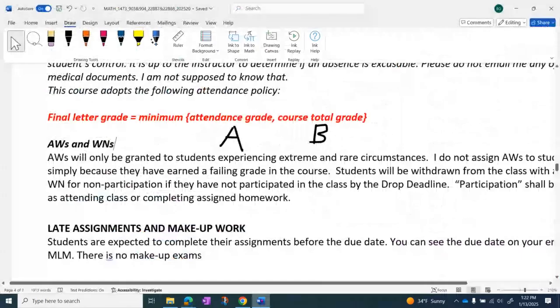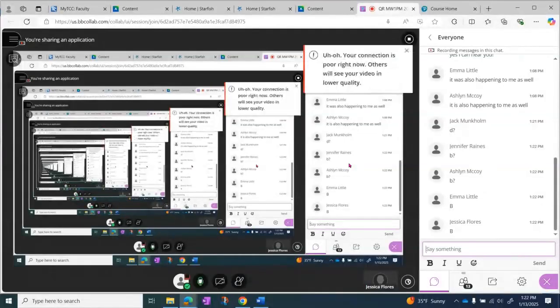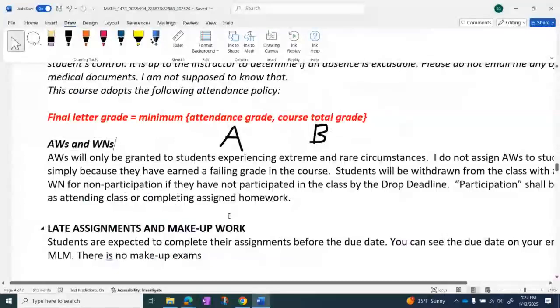And this attendance policy looks scary, but it's actually more lenient than other types of attendance policy. Let me explain. If we adopt another type of attendance policy, even if you miss one class, your grade will be affected. However, with my attendance policy, your grade will only be negatively affected when your attendance score is lower than your course total.